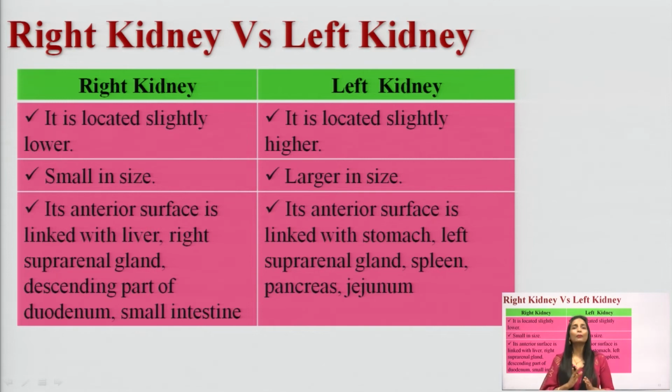If I am talking about the right kidney and left kidney differentiation, the right kidney is slightly lower and the left kidney is slightly higher. The size of the right kidney is small, and the size of the left kidney is large.